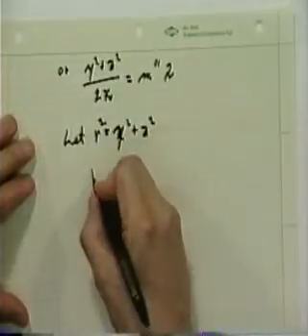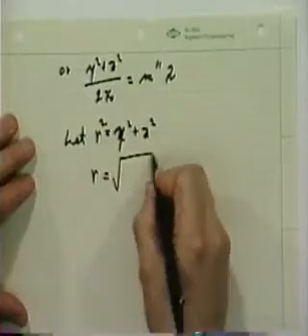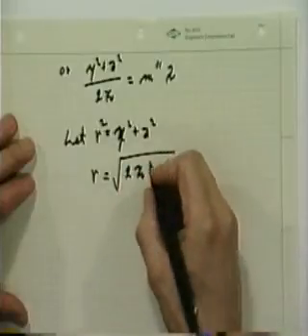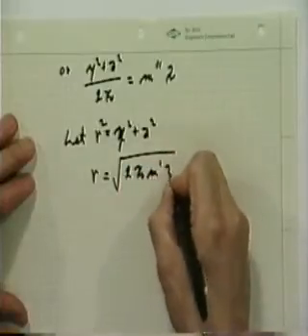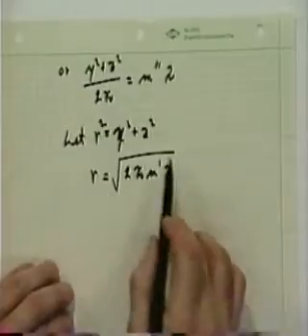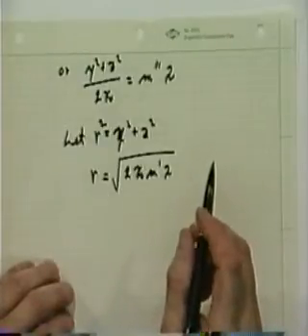And so we would have here that r is equal to the square root of 2 x naught m double prime lambda. And so this is the same result that we had last class when we interfered 2 spherical waves.